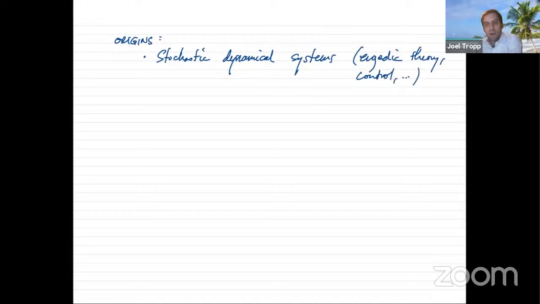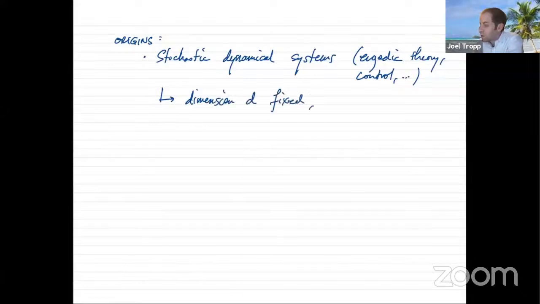So the idea is you've got an evolution that's maybe driven by white noise, or where the steps are not always determined completely, but actually have some distribution. And in this case, most of the work that people have done is on understanding limiting behavior. And so in this case, most of the time, the dimension d of the matrices is fixed, and the number of factors n goes off to infinity.